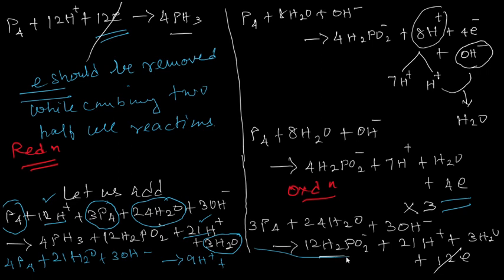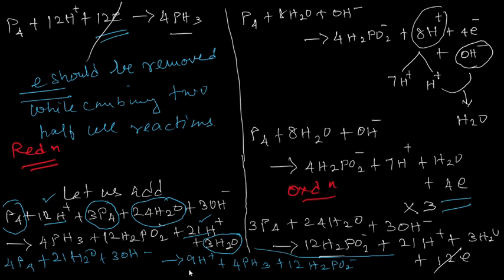Now let's go to the RHS side: 9H plus, 4PH3 plus 12H2PO2 minus. So this is the RHS side, and now we have to remove the H plus ion on the RHS side.